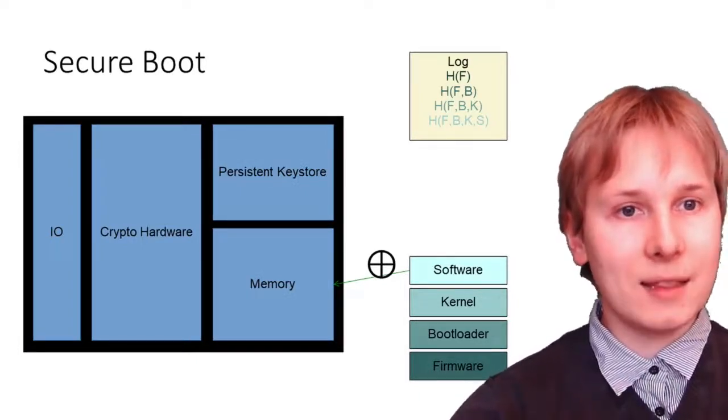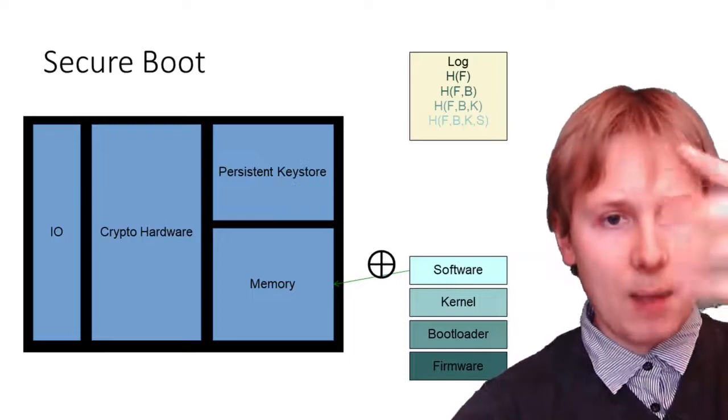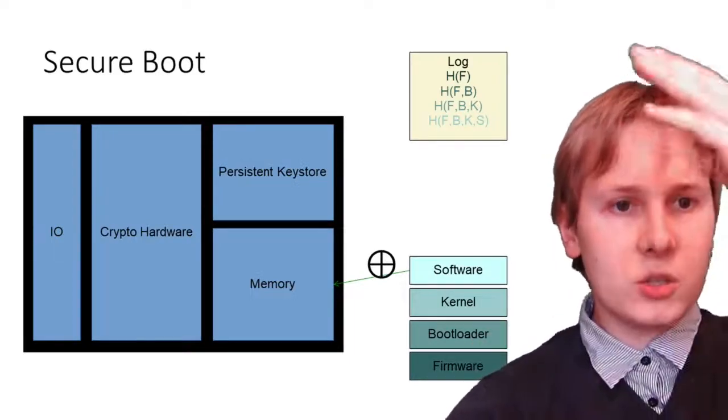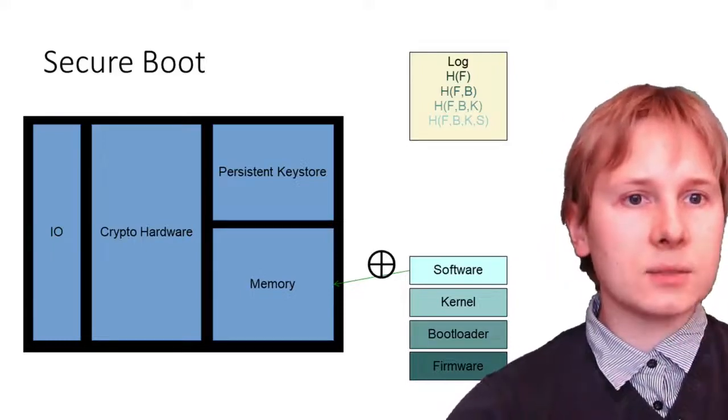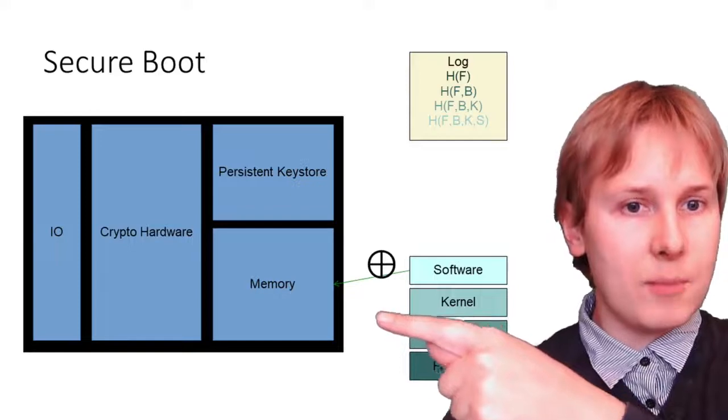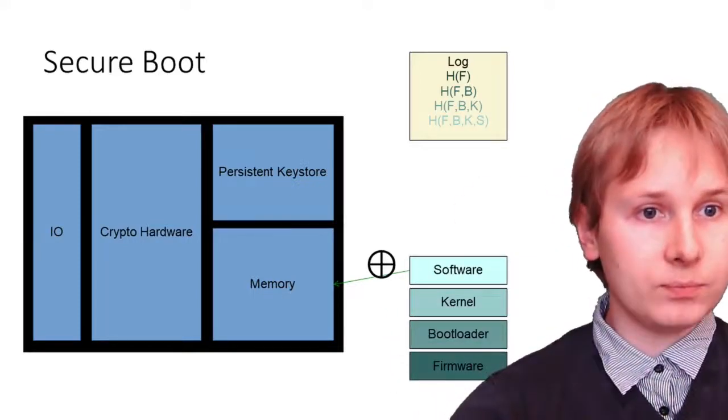So you get this log that's stored in memory and cryptographically signed by the TPM that stores this chain, and the idea is that that's verified by things that are stored inside the memory, and so you can rederive it.